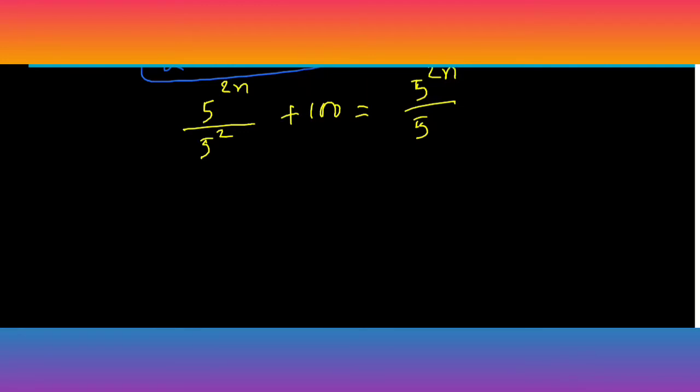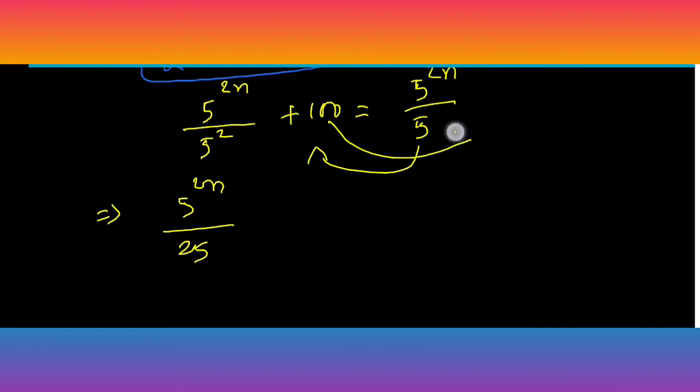Okay, next step is simplification. 5 to the power of 2n upon 5 square means 25. So we have to transpose this from the LHS to the RHS. So this becomes 5 to the power of 2n upon 5 is equal to... no need to take a minus value, just we have to transpose this one.